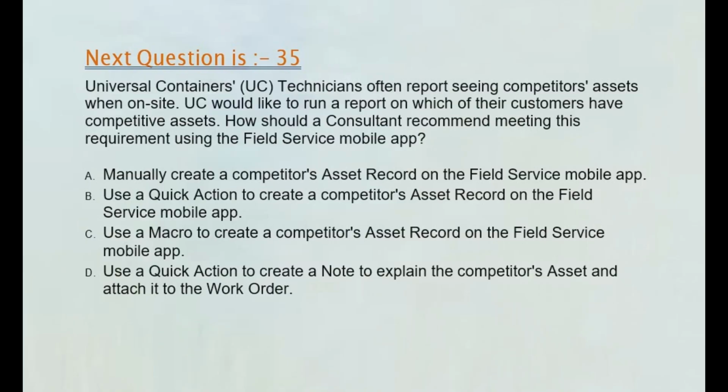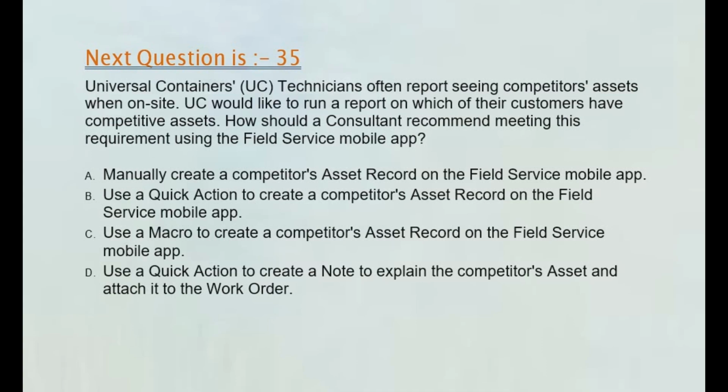Question is Universal Containers UC technicians often report seeing competitors' assets when on site. UC would like to run a report on which of their customers have competitive assets. How should a consultant recommend meeting this requirement using the field service mobile app? Option A. Manually create a competitor's asset record on the field service mobile app.